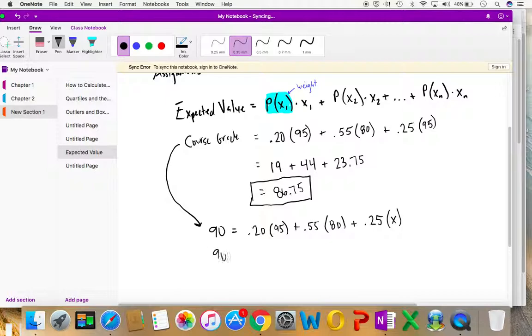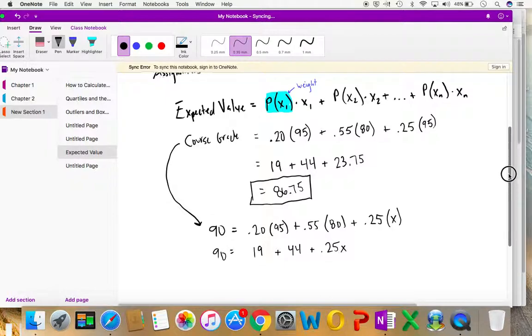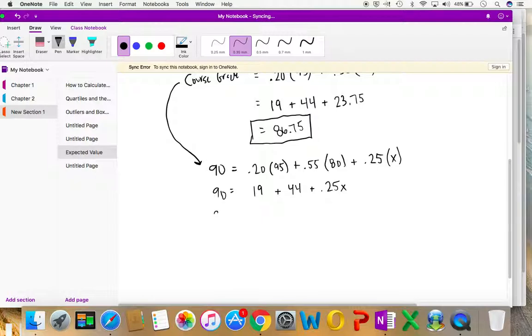So we're going to solve this equation. 90 equals, and we have these calculations already up top. 20% of 95 was 19. 55% of 80 was 44. And then we're going to use this 0.25 times X. So we want to solve this: 90 is equal to 19 plus 44, which gives me 63, plus 0.25x.